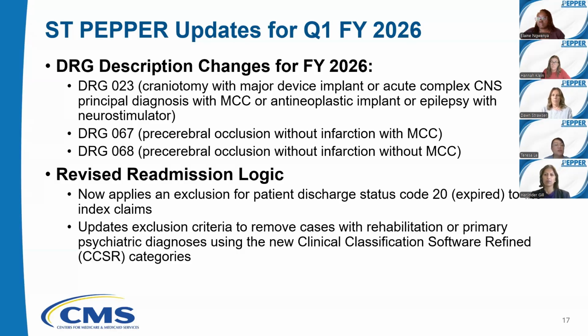So those claims are not treated as potential index admissions for a readmission. The readmission logic also uses the updated clinical classification software refined, or CCSR, categories to identify rehabilitation and primary psychiatric diagnoses for exclusion from the readmissions target areas.